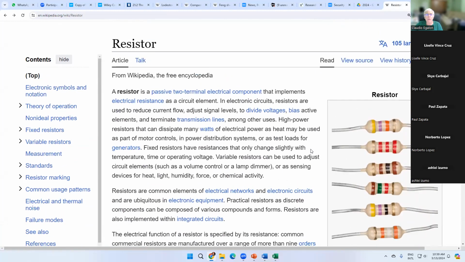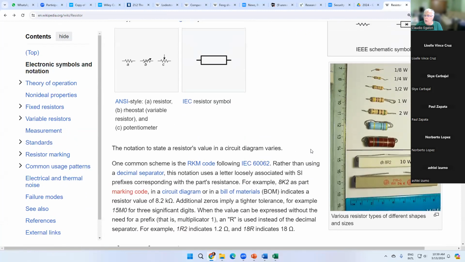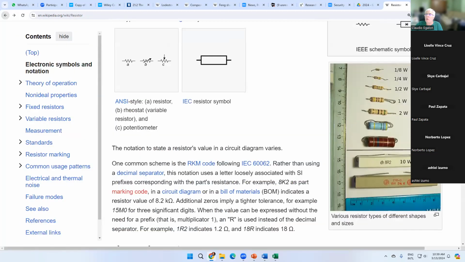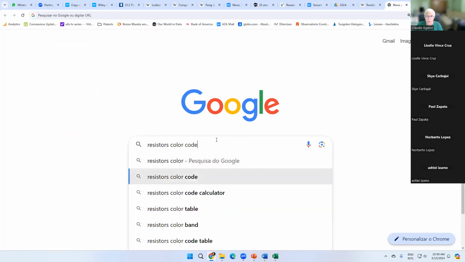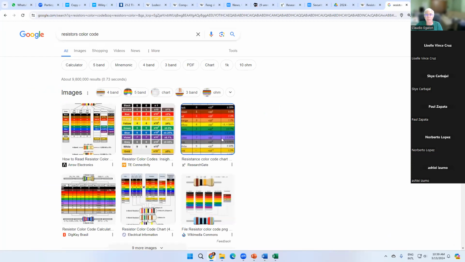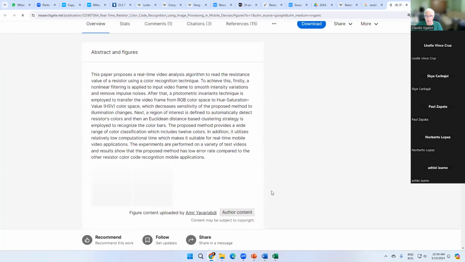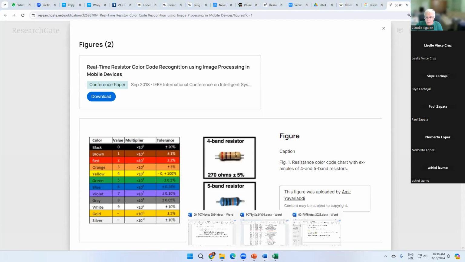Those colors are for power, not the resistance. We have to go elsewhere. Resistor color code. Okay, right here. Each of those colors represents a number.